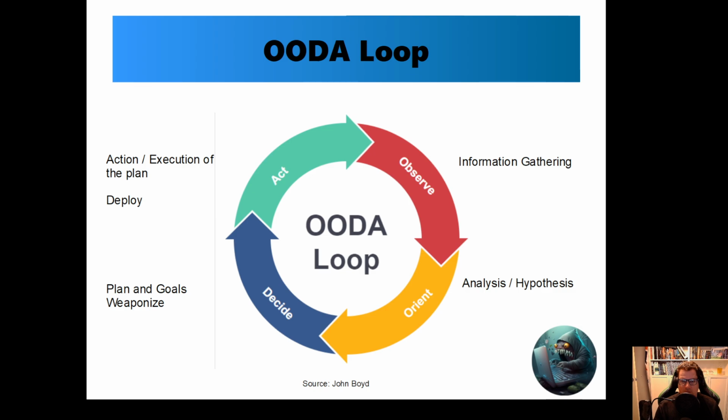By doing this, we keep interrupting the ability of the threat actor to move through the OODA loop, while ourselves, we can move through much faster, we can gather real time information, and we can start building our defenses.